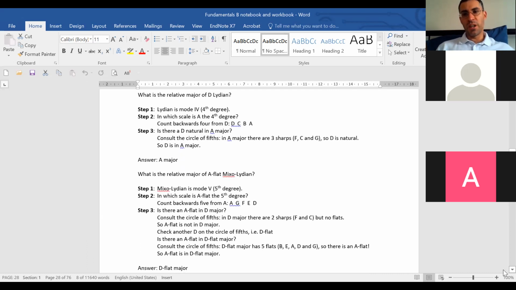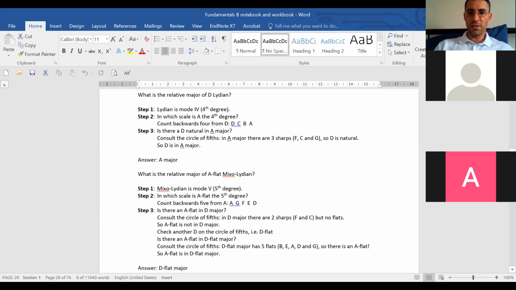We need to sometimes work out the relative major or the relative minor of a mode. And if you're going to do jazz, this is going to be particularly important. So what is the relative major of D Lydian? Okay, let's have a look. Lydian mode is the fourth degree.